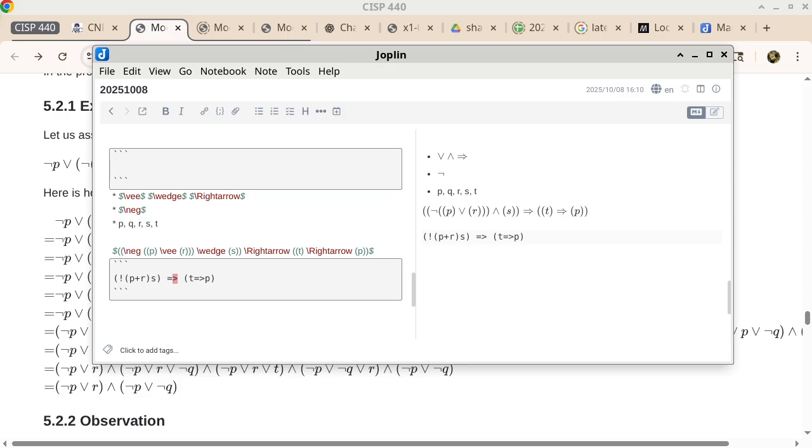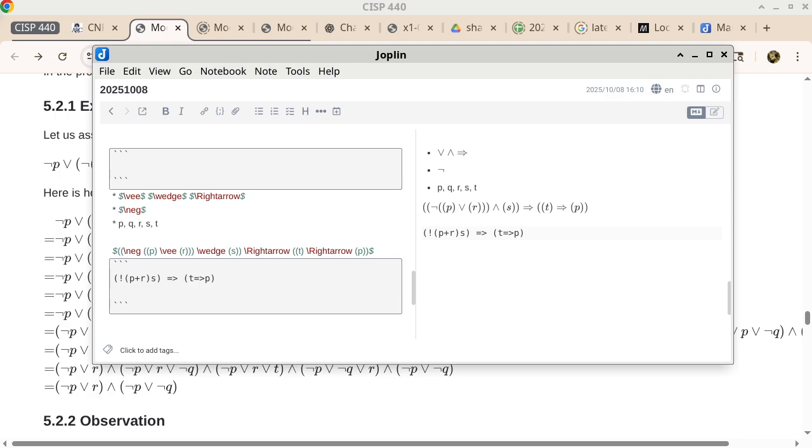Are we good so far? Okay. The way I do this is I always remove the implication first. We have two implications, and we'll do it one step at a time.